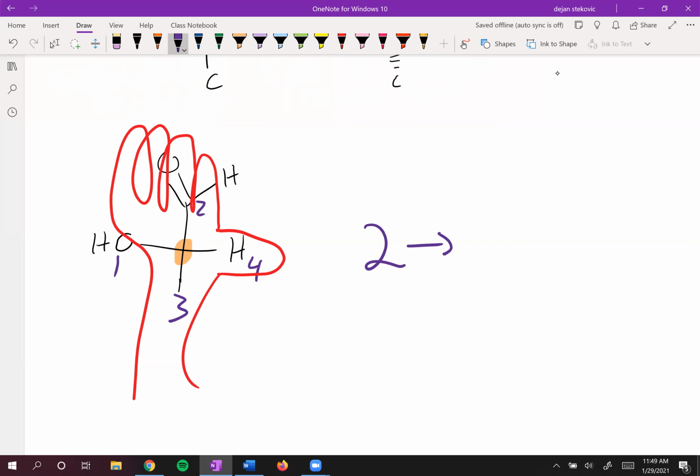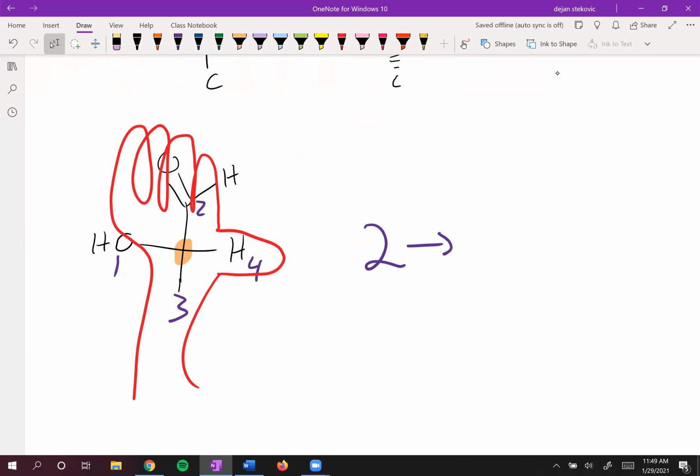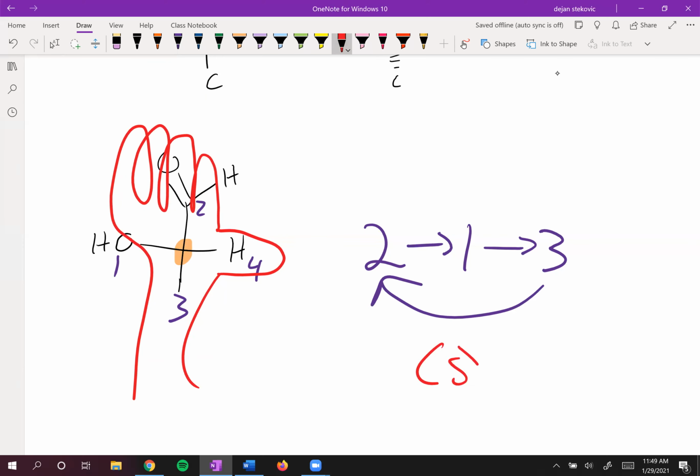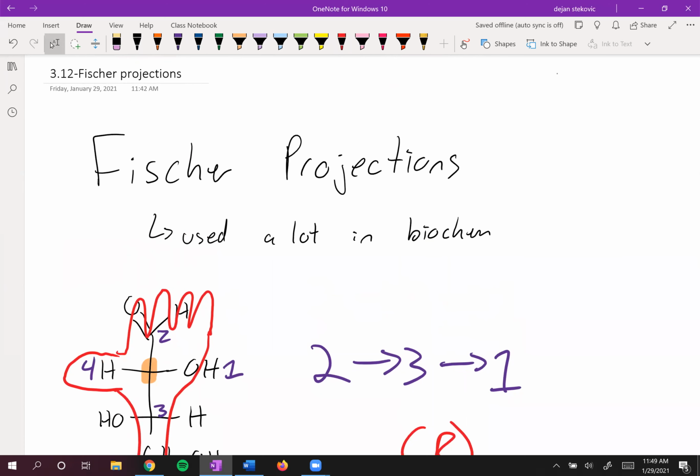And then when we curl in, remember that this is actually a wedge, and so then you're going to hit number 1. And then finally, when your hand is in kind of a closed fist, you're going to hit number 3. So 2 to 1 to 3 is a descending order, and since it's descending, we go with S. So do a couple practice problems and know how to read Fischer projections and tell whether they're R or S.